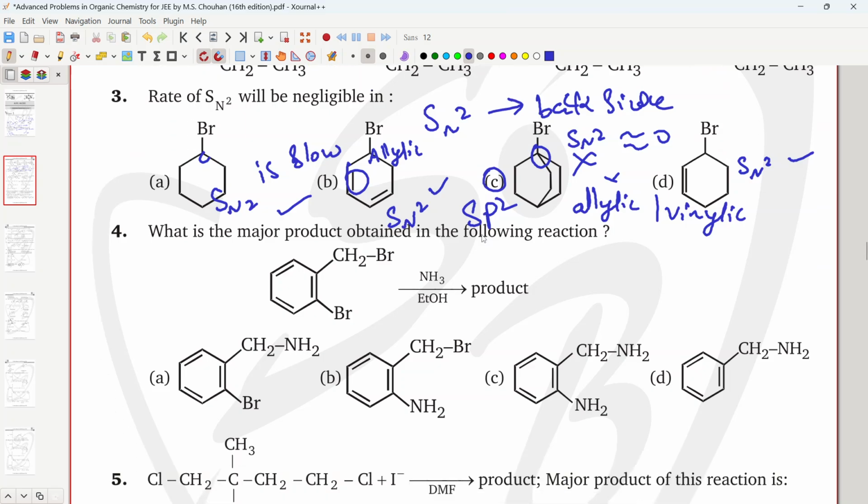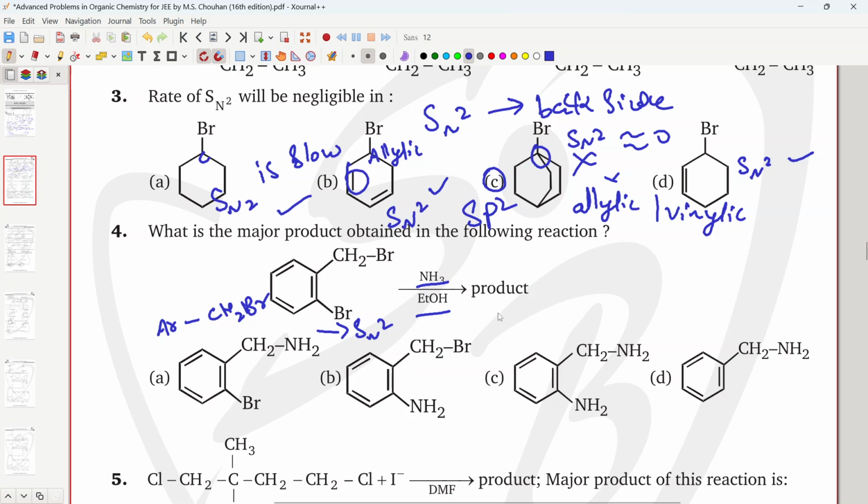Now, what is the major product obtained in the following reaction? We have o-bromobenzyl bromide reacting with NH3 and ethyl alcohol. Et means ethyl, by the way. So the two possible substitutions are replacing the benzylic CH2Br or replacing the aryl bromide. So which one reacts? The benzylic CH2Br is highly reactive towards SN2 because the benzyl transition state is resonance stabilized.